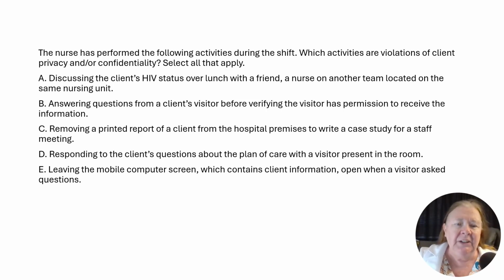Or E. Leaving the mobile computer screen, which contains client information, open when a visitor asks questions. And we'll give you a minute to think about this one, and we'll come back.